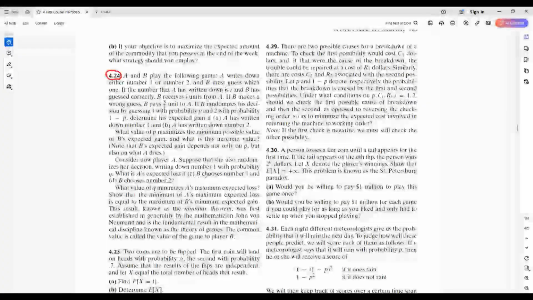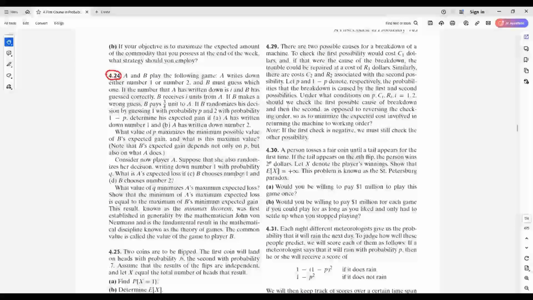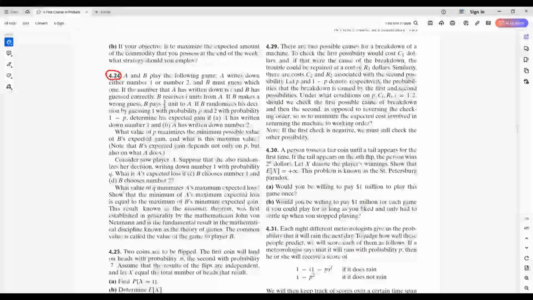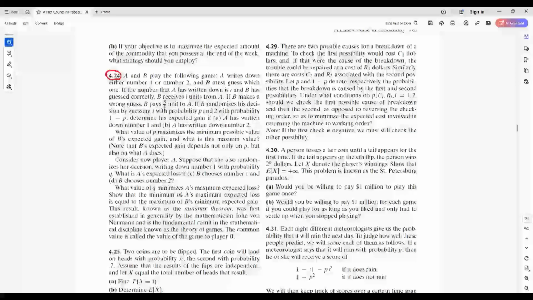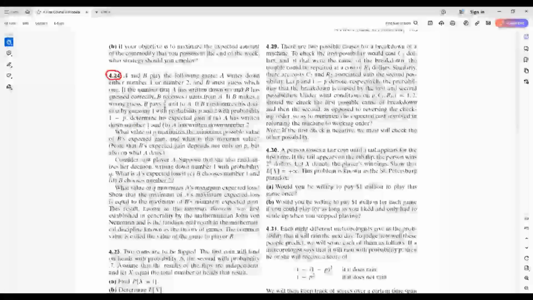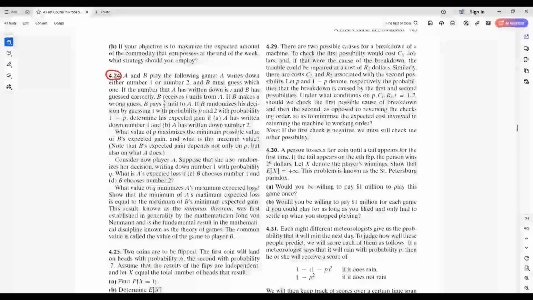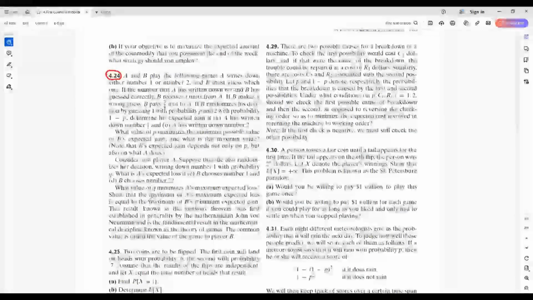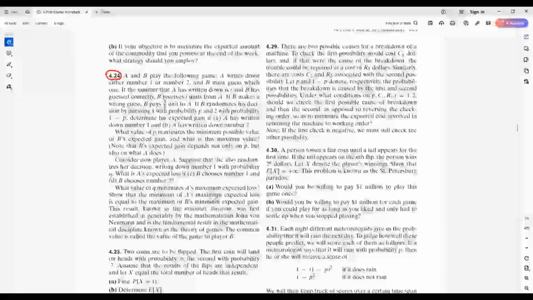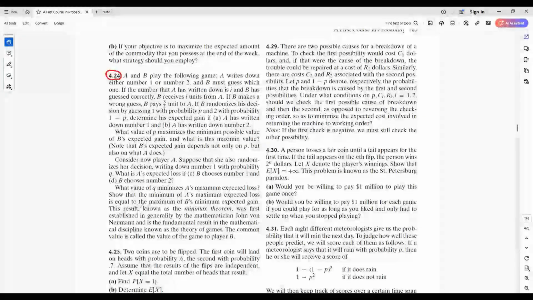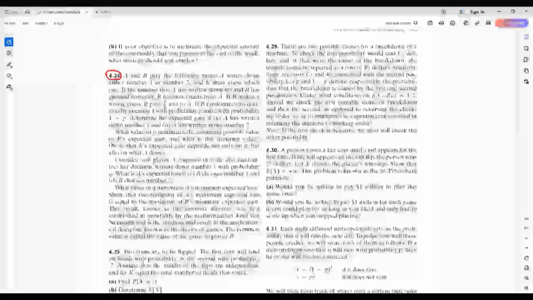If C, the player B chooses number 1, and D, the player B chooses number 2, what value of Q minimizes A's maximum expected loss? Show that the minimum of A's maximum expected loss is equal to the maximum of B's minimum expected gain.